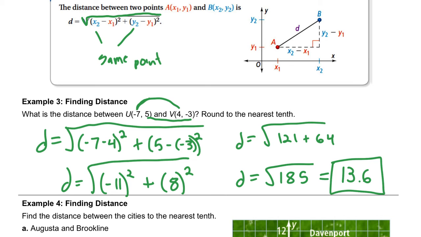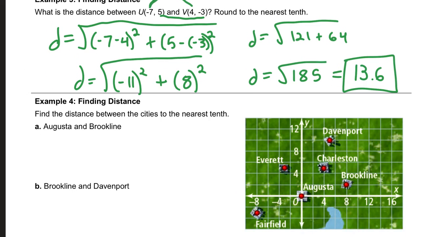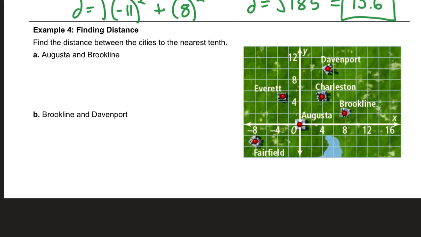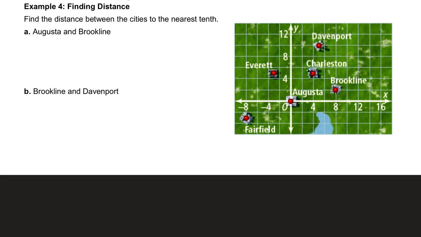For right now, I just want you guys to get used to plugging into this formula. That means you don't need to memorize it right now. You're going to have this formula available to you when we're doing checkpoints and things like that, because right now, memorizing it is not the goal. The goal is for you to be able to use it. Later on, you may have to memorize it, or you may have to know how to work with it and use some, I guess you could call them shortcuts.